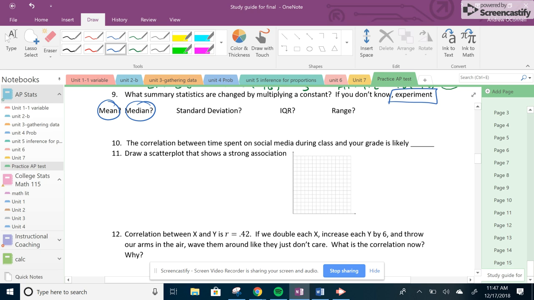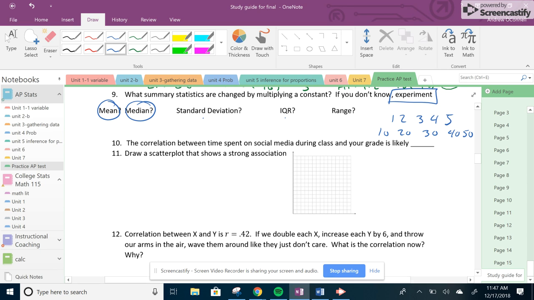Let's start with the data set 1, 2, 3, 4, 5. Then we multiply everything by a constant, let's say 10: 10, 20, 30, 40, 50. Did the mean change? Yes, from 3 to 30. Did the median change? Yes, from 3 to 30. Standard deviation and IQR both measure spread, so the easiest way to check spread is range.